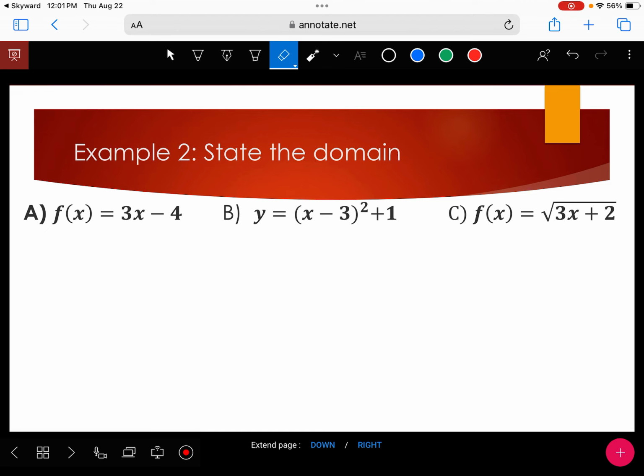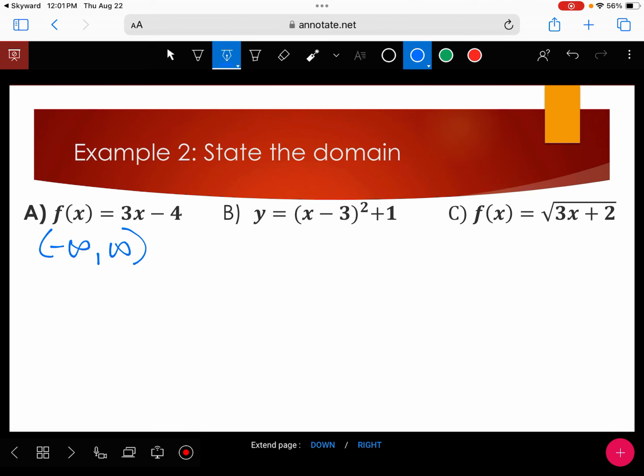So what about A? Do you see a red light in equation A? No reason to stop. Our domain is all real numbers. What about B? Do we have a red light?